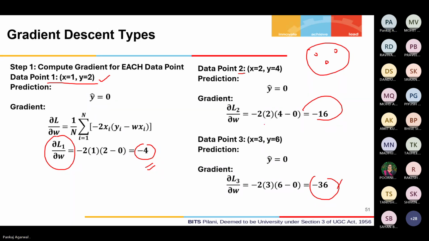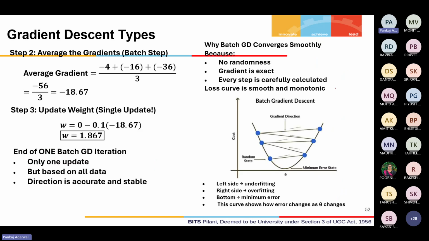Now whatever I do is for the entire data set, that is the entire three points, not in between. So now I took an average gradient. Previously I was doing it for each and every data point. So I took this, then I did the total weight updation.